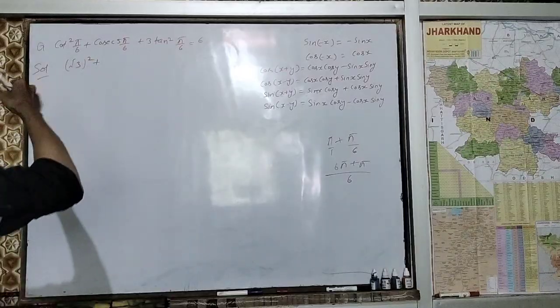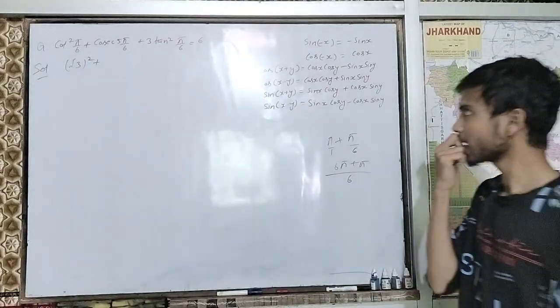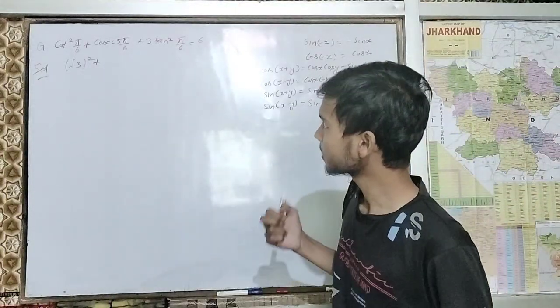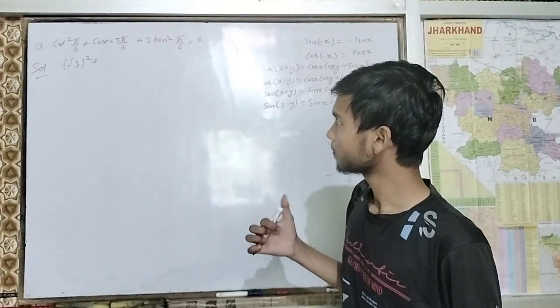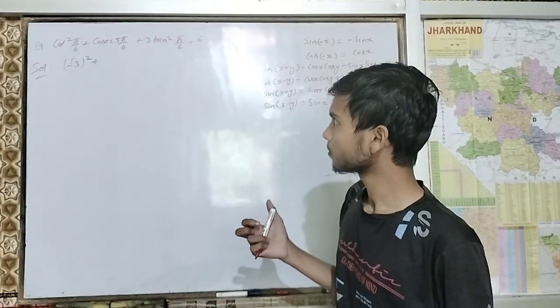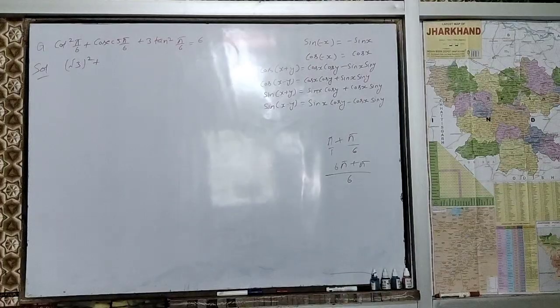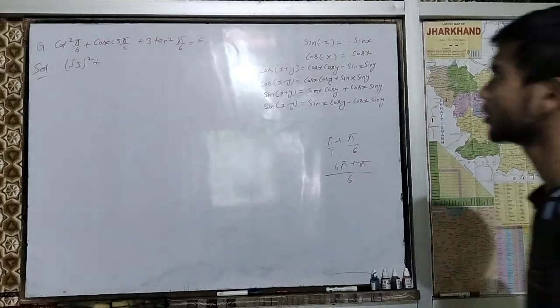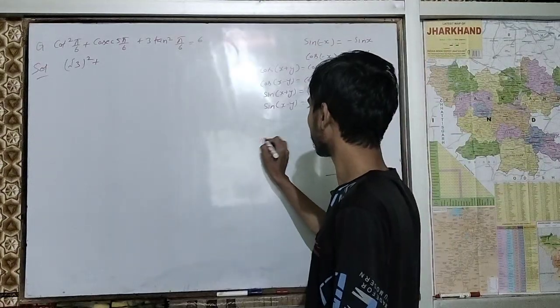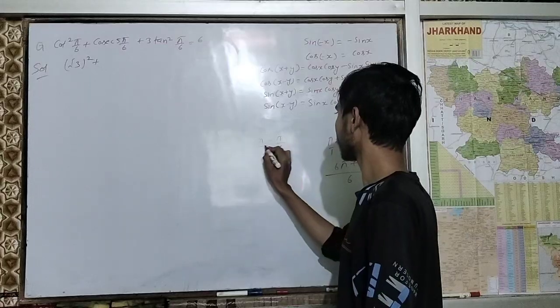Now next we have cosec 5 pi. It can be written as 5 pi upon 6. Same. This pi minus pi upon 6.